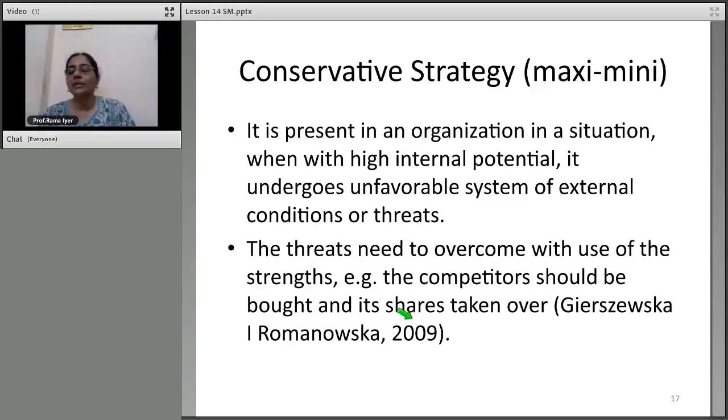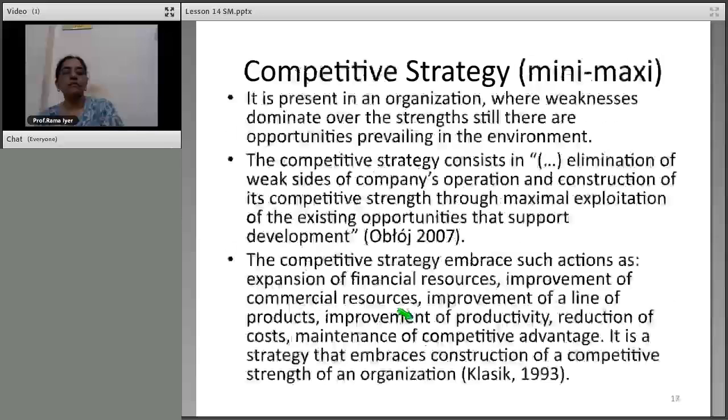Conservative strategy. Now read this one. See whether you understand. Do you understand this?